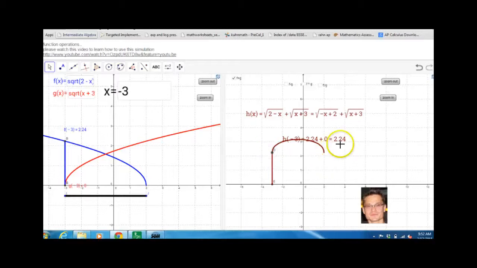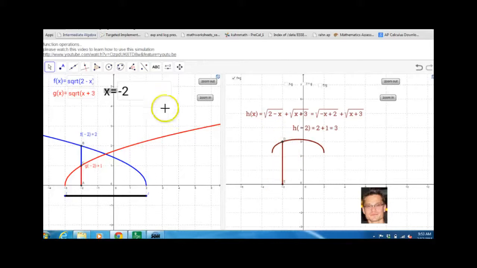The coordinates are negative 3, 2.24. And I can do the same for negative 2. For negative 2, f of negative 2 is 2, and g of negative 2 is 1. So when I add 2 plus 1, that gives me 3, as you can see over here. And for negative 2, f plus g is 3, and that's the point that it generates.